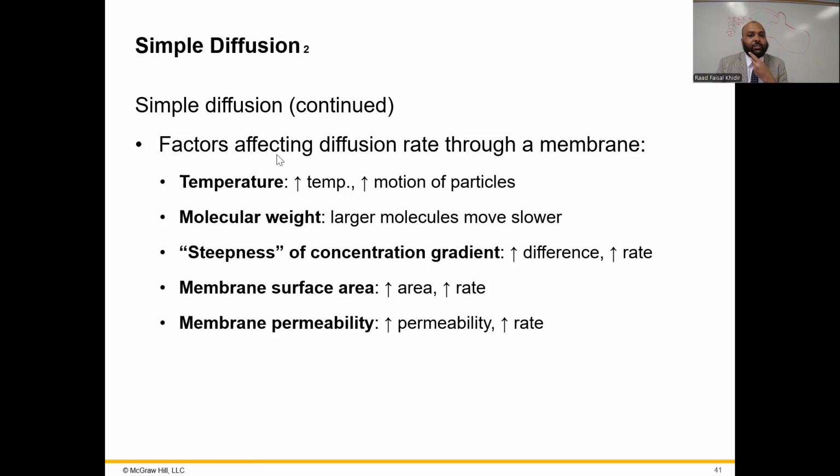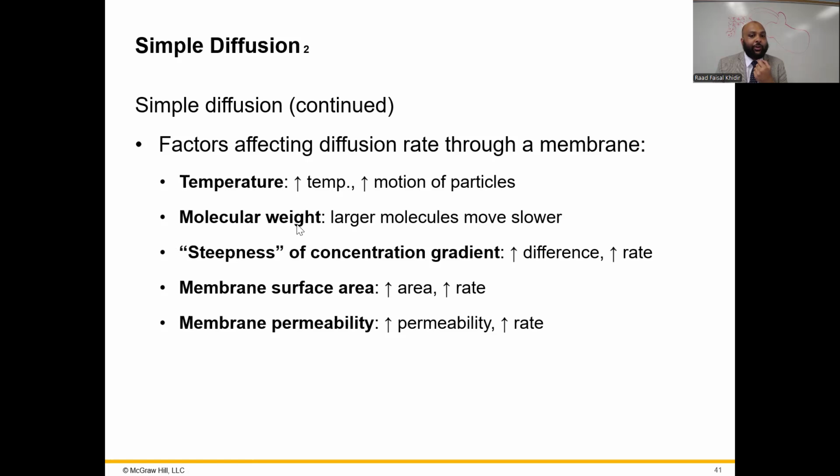Simple diffusion. So simple diffusion is factors affecting the diffusion rate through membrane. That is high temperature, high motion of particles. So that's what we were saying earlier. What causes the diffusion to become faster? That would be temperature. When the temperature increases there's increased motion of particles.